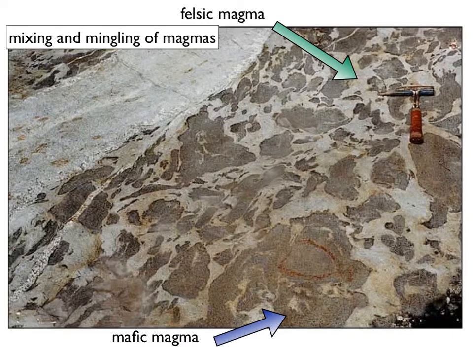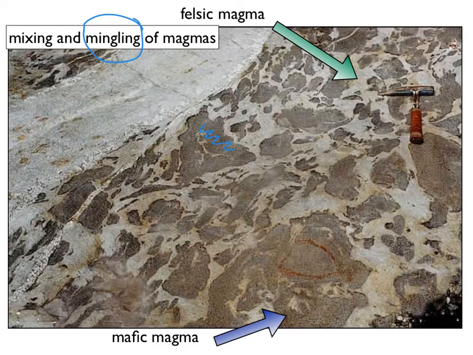So this is a photograph that shows the mixing, and actually this is a better word for it, the mingling of magmas, because it turns out that magmas of different composition, felsic and mafic magmas, they actually don't homogenize and mix together really well to form a third composition like I was describing, because they tend to behave kind of like oil and water because their viscosities are so different and their temperatures are so different. Instead, they tend to mingle. So they are physically occupying the same space, but they haven't really dissolved into one another and created this homogeneous third composition. So in this picture, you can see blebs and blobs of mafic magma.